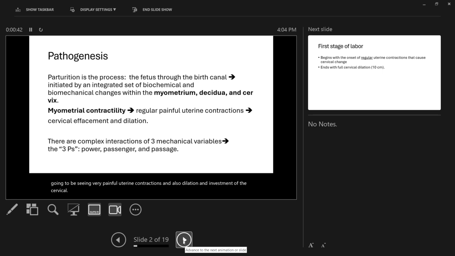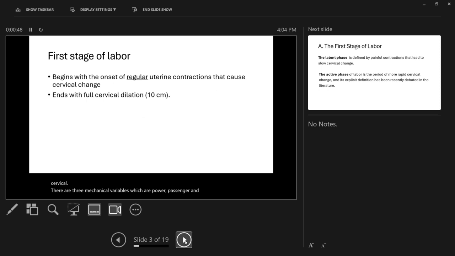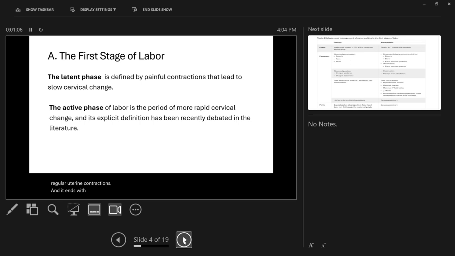There are three mechanical variables, which are power, passenger, and passage, that are important to take into account in the first, second, and third stage of labor. First stage of labor begins with the onset of regular uterine contractions, and it ends with the full dilation of the cervix.